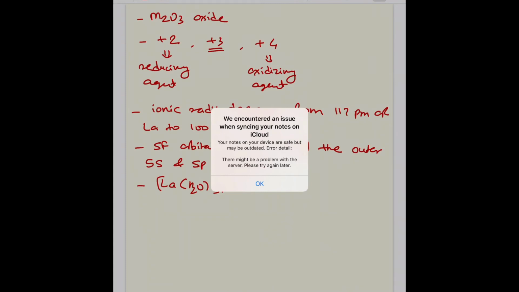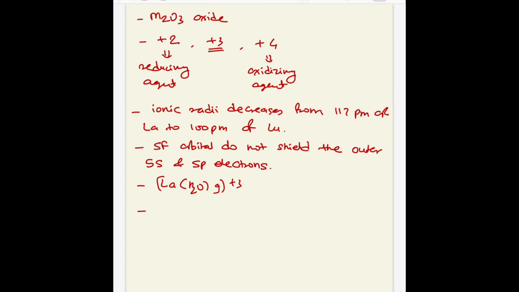All the lanthanoid hydroxides are generally represented as Ln(OH)3, and these are ionic and basic in nature.